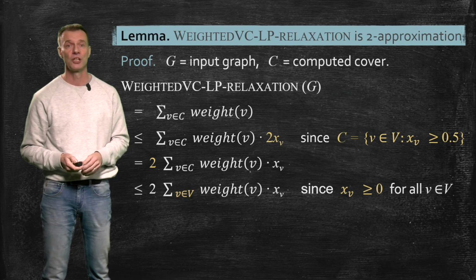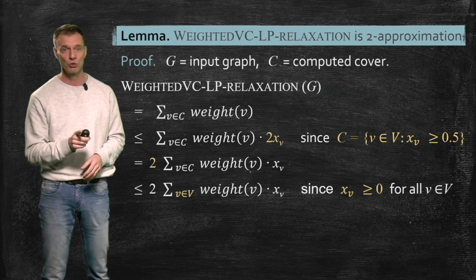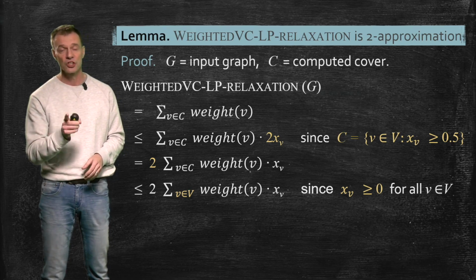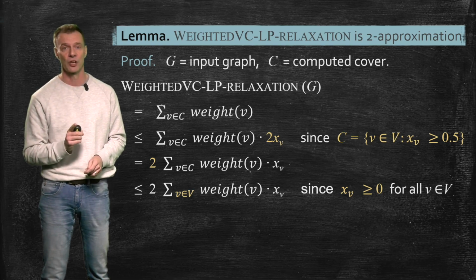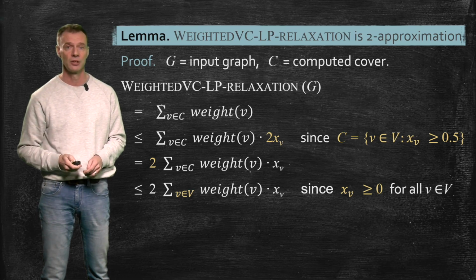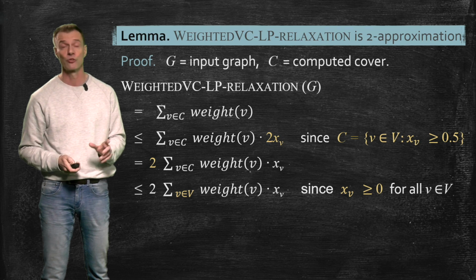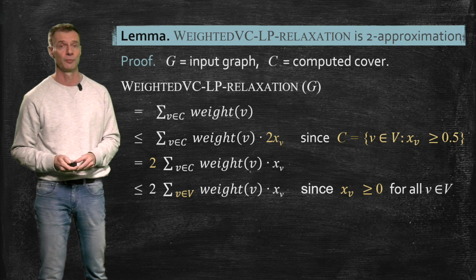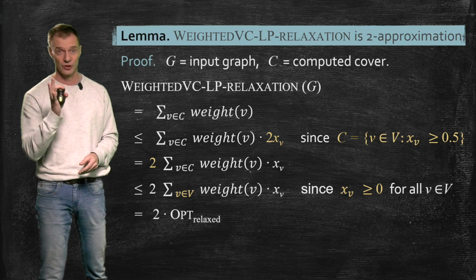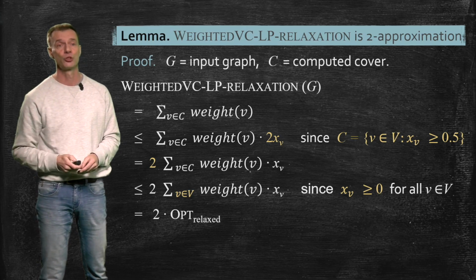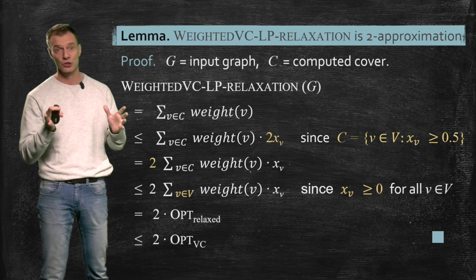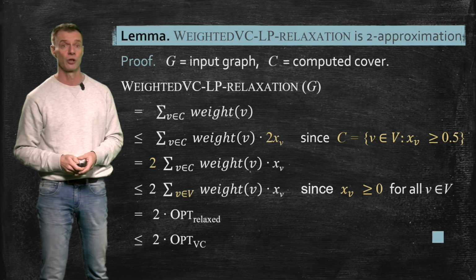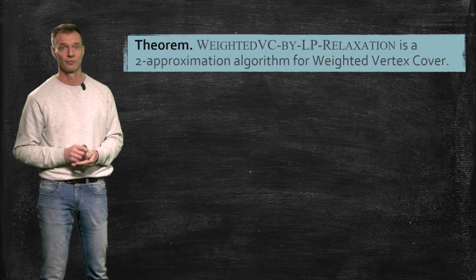And now what you see in this formula is 2 times the sum over all vertices of the weight of that vertex times xv. But that was exactly the value of the solution to the relaxed LP. So this is equal to 2 times opt relaxed, and as we saw, that was at most 2 times opt for our vertex cover problem.